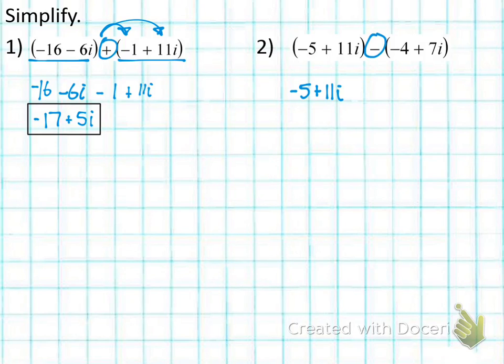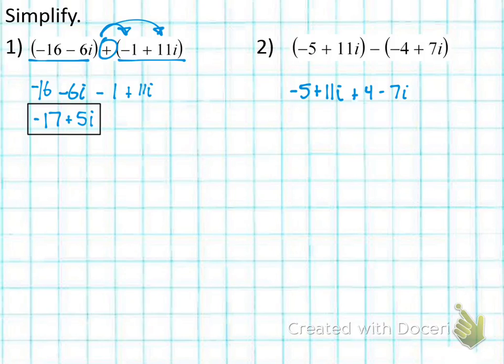Then we have negative times the negative 4 is positive 4. Negative times a positive 7i is negative 7i. Okay. Minus 7i. We've distributed that, so now we're going to focus on our next line.